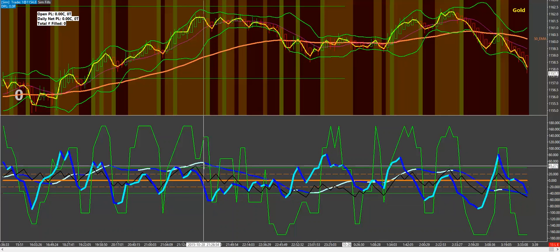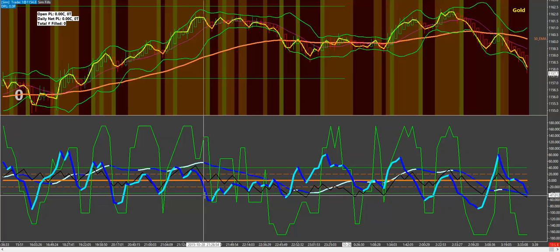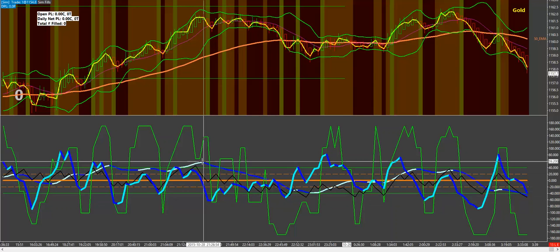Plus, let's go through the signals. Do we have signal 1, blue outside the lower mids for a short? Yes. Do we have signal 2, white inside the mids? No. Nothing to do. We'd have to wait until the white MACD gets inside the mids.